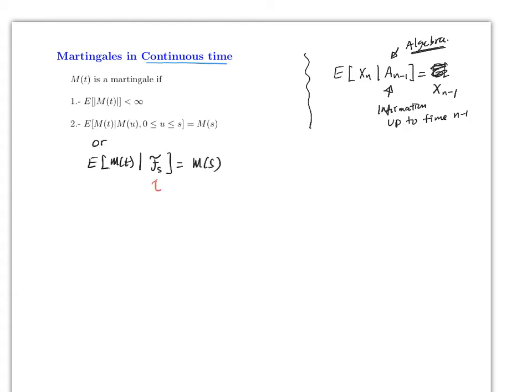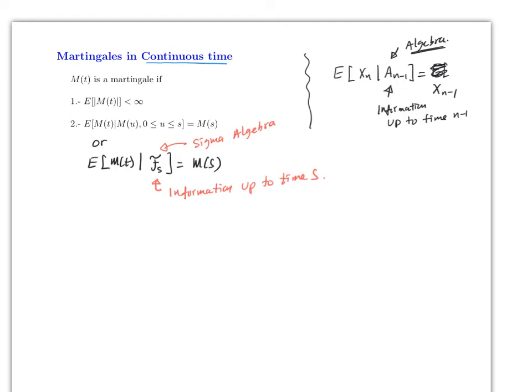The only thing you have to worry about is that this is the information up to time s, and this is called a sigma algebra instead of algebra. But for the purpose of the remainder of the class, or at least for this section, all you need to know is that this is just the information up to time s.